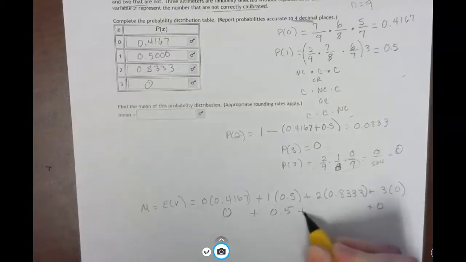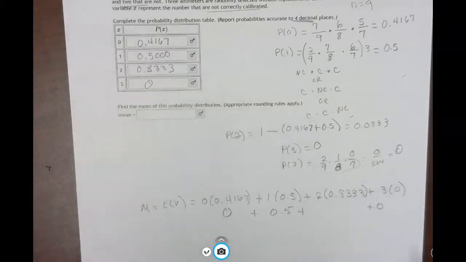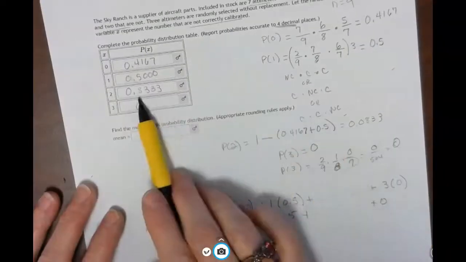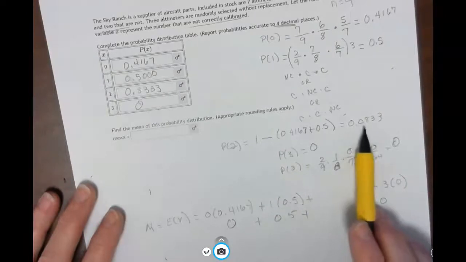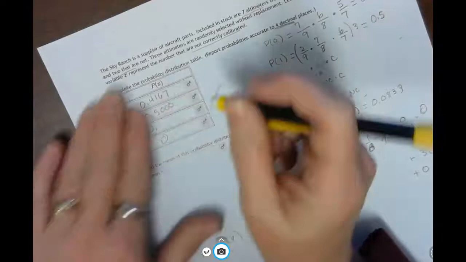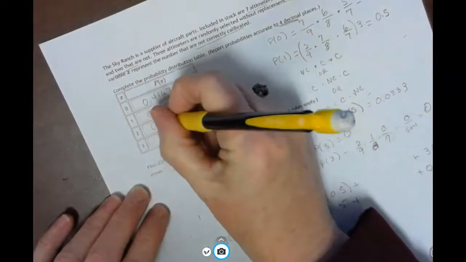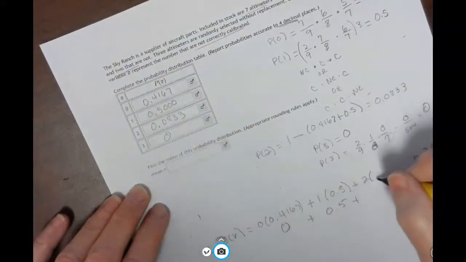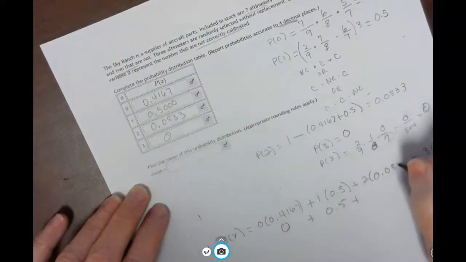That's 0. And then this is 2 times 0.8333. Just realize when I copied from here to here, that should be 0.08. So let's go back here. It should be 0.833, because that's going to make a difference down here when we find our expected value.